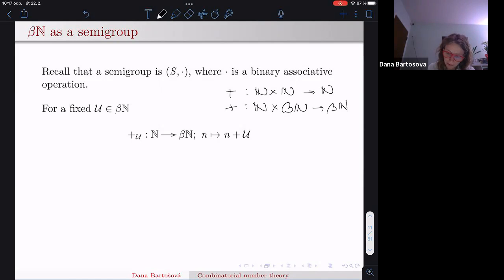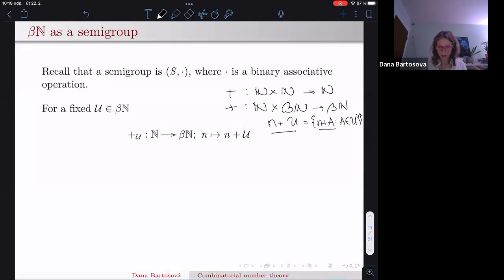So I fix any ultrafilter u here, and I'm going to say that n plus u is just shifting all the sets in u by n. So this is going to be the n plus A with A in u, and I might have to close under supersets, but to get an ultrafilter. So this is very straightforward. This comes just from the addition in natural numbers.